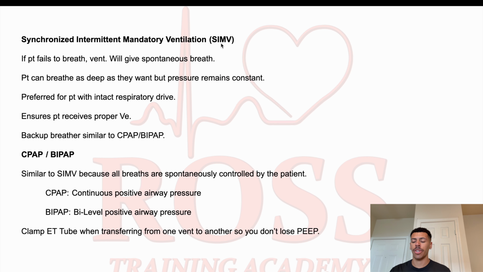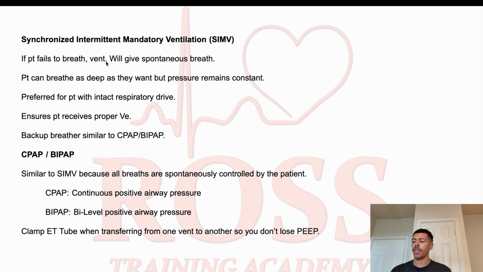So the next one here is going to be SIMV, and this one is going to be the most ideal for patients. On average, it's typically what's used for patients, because you're going to preset the tidal volume and the frequency, but the patient will be able to take spontaneous breaths.